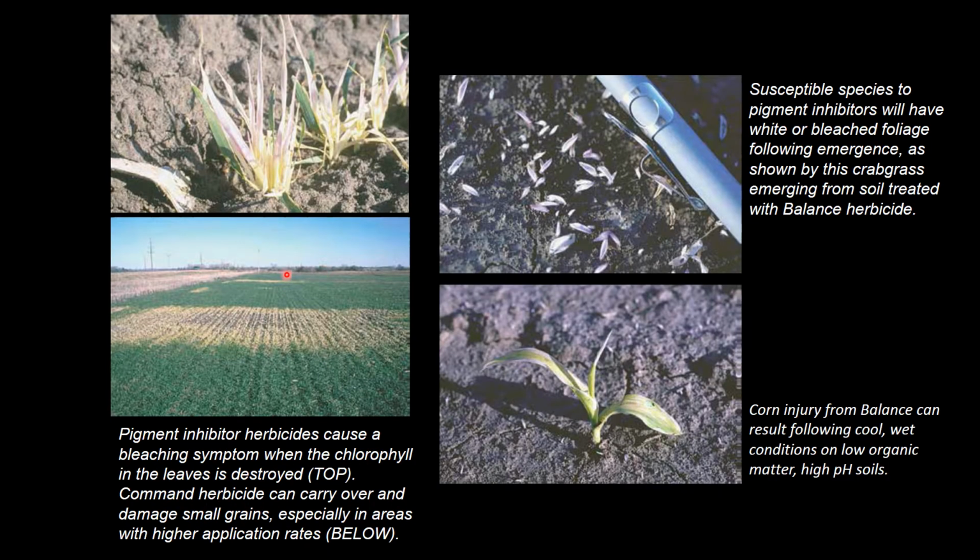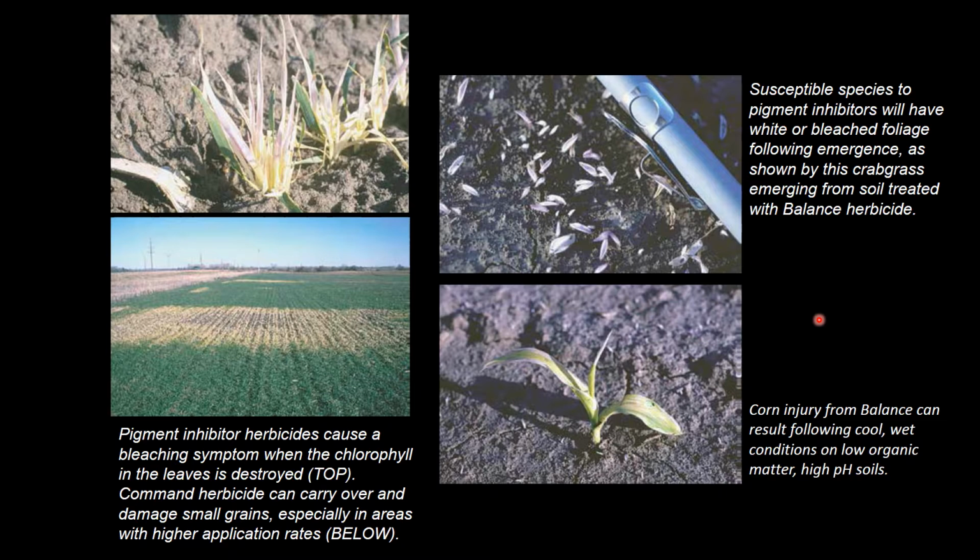These are some of the injuries caused by pigment inhibitor herbicides. The pigment inhibitor herbicides interfere with pigment production and protection of chlorophyll. Ultimately, chlorophyll production is inhibited and plant foliage turns white and appears bleached. Although injury symptoms are similar with these herbicides, the specific site of action is different.